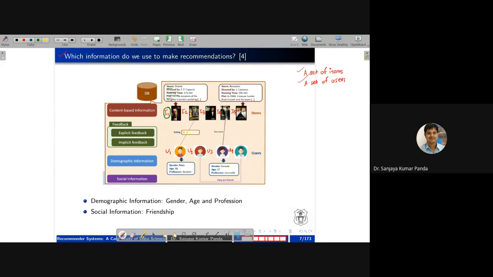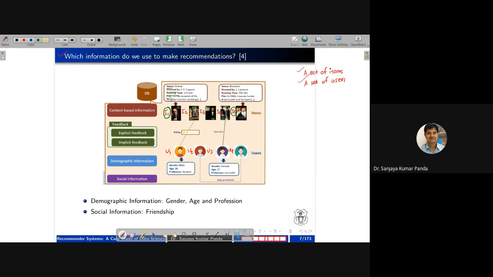Similarly, if you go to item number 5, the genre or type of this movie is romantic, and it is directed by James Cameron. The running time of this movie is 195 minutes. And details about the movie, who is the actor, actress, plot, and everything, you can have in the database. Okay, so this type of information is available in the database, right?